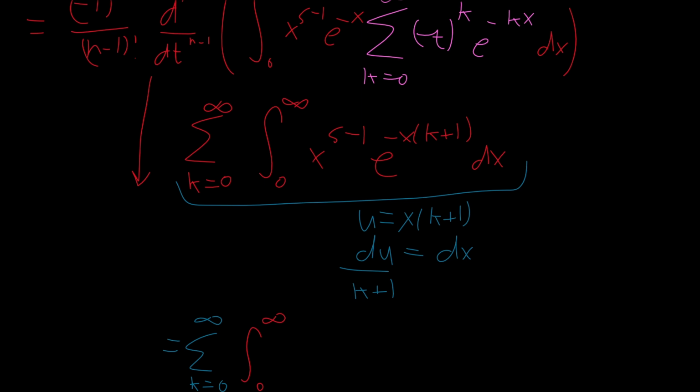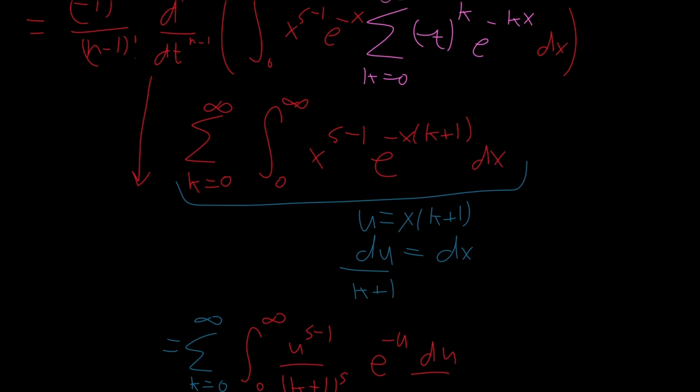So really it's u to the s minus 1 over (k plus 1) to the s minus 1 times e to the minus u, and then our du over k plus 1. But do note that we have k plus 1 times (k plus 1) to the s minus 1, so we can just erase that bit and erase the negative 1, and we're good.